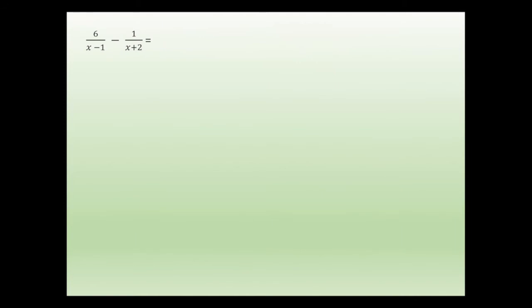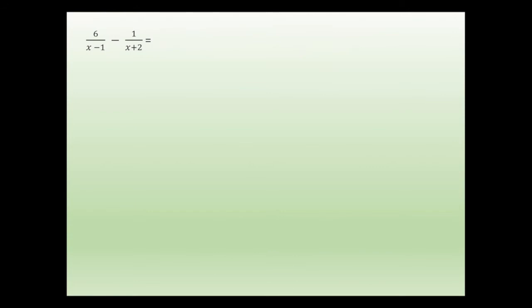In this case, I've got the denominator for the first term as x minus 1 and the denominator for the second term as x plus 2, sorry. So now we know that the lowest common denominator, if this is b and this is d, is actually x minus 1 times x plus 2.